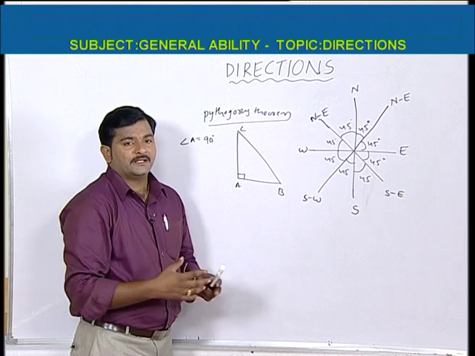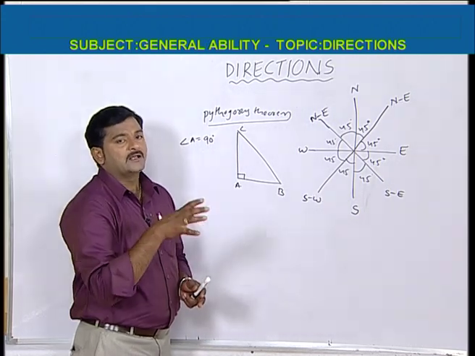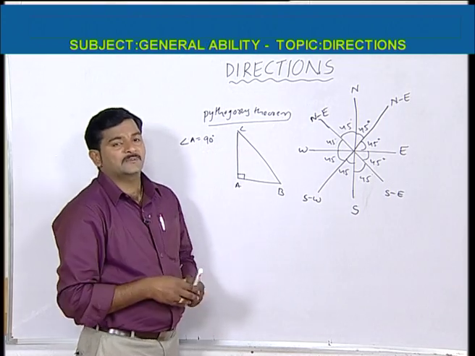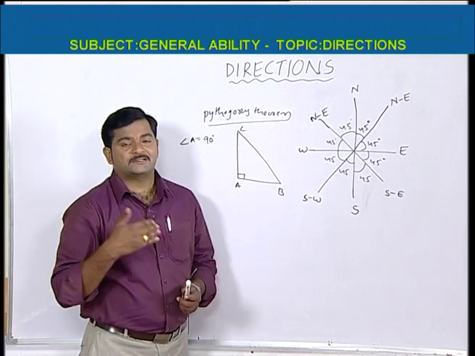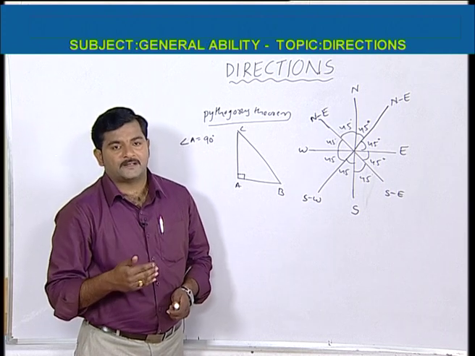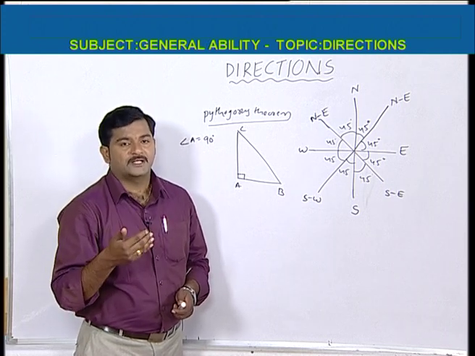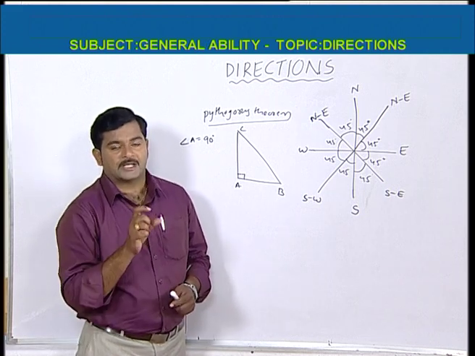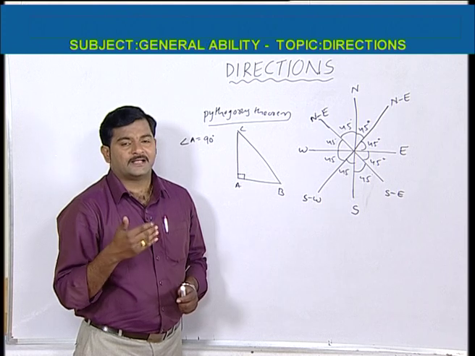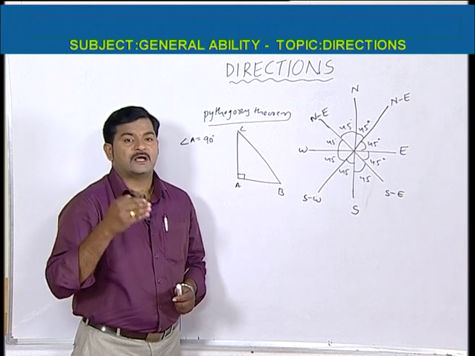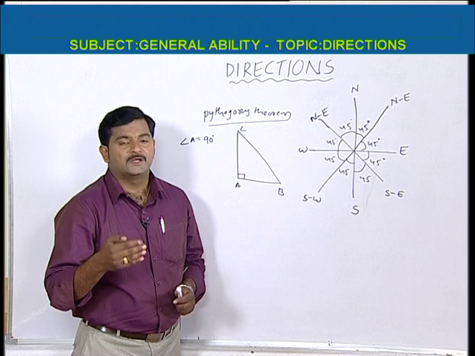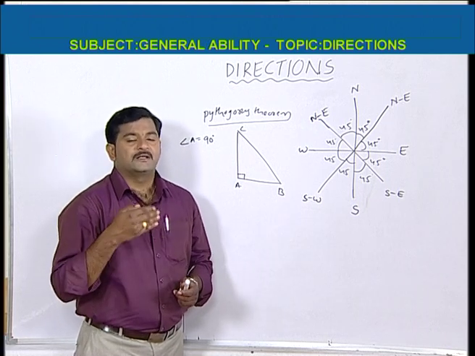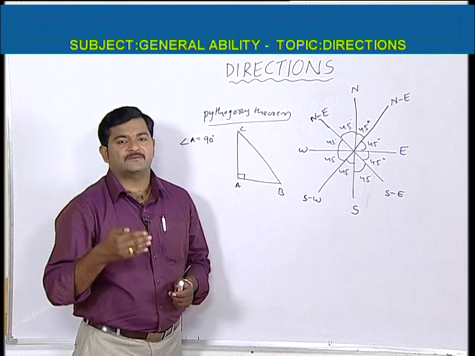Now we can establish the relation between the hypotenuse and the remaining two sides in a right angle triangle using the Pythagoras theorem. What the theorem says is: in a right angle triangle, the square of the hypotenuse is always equal to the sum of the squares of the other two sides. I repeat this statement once again. Simply put, hypotenuse square is equal to side square plus side square.